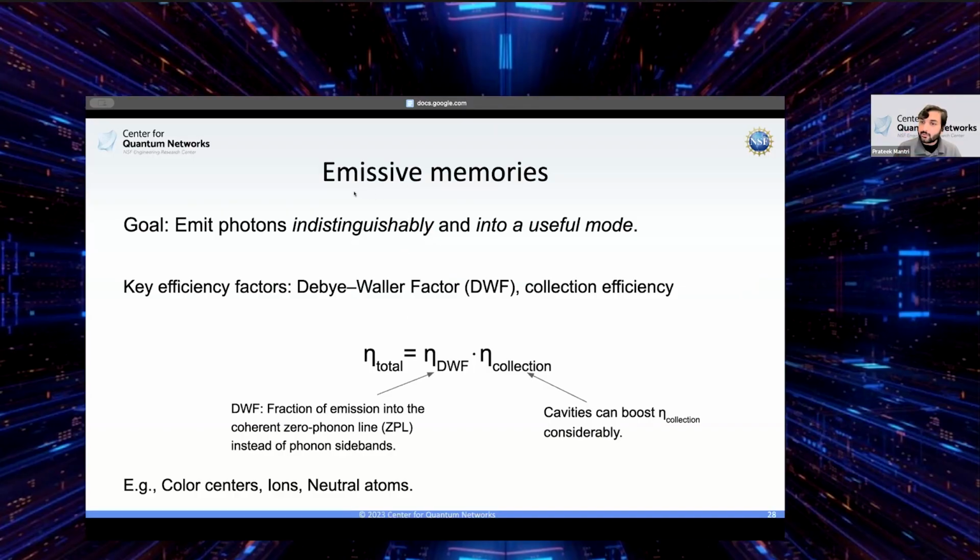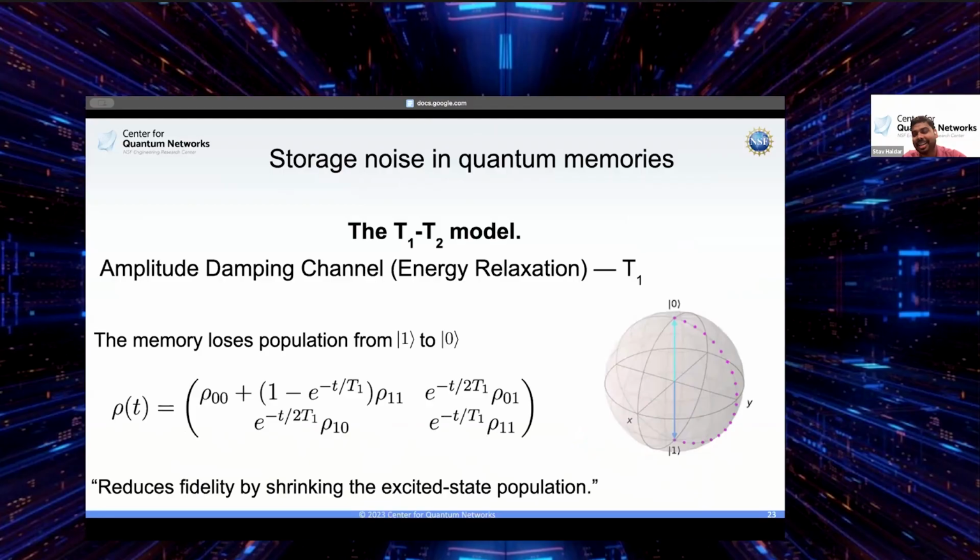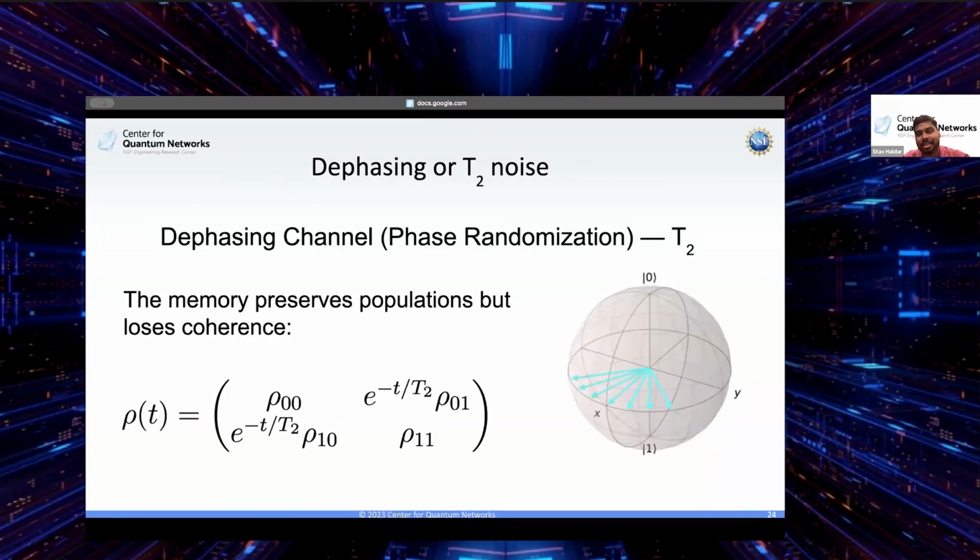I think there is a question on T2 and T2 star if you'd want to add more details. Yeah, I could. I don't really want to go into that detail too much, because the T2 star idea is based on what is called dynamical decoupling and so on.